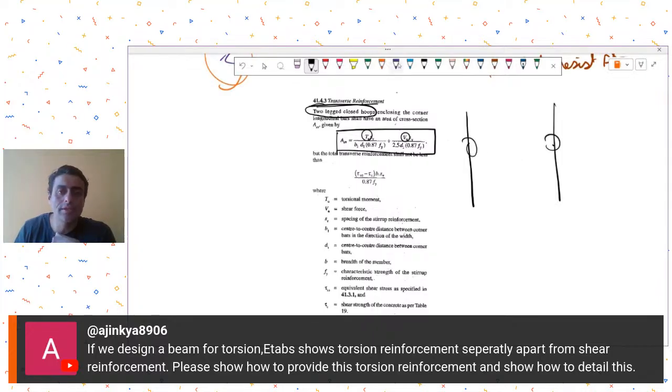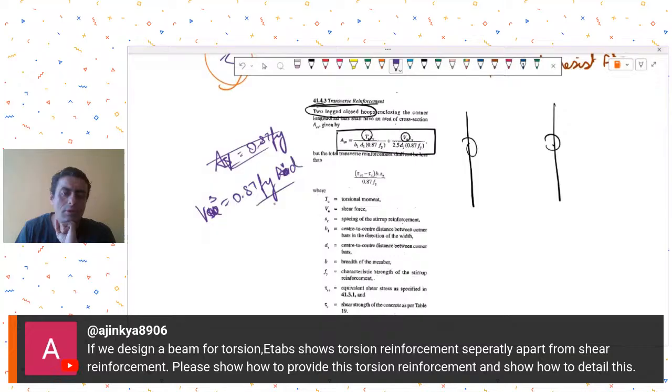Now out of this, let's say you also have this formula for shear reinforcement, 0.87 Fy. How does the formula look like? Vs is 0.87 Fy Asv, or let's call it Av, d upon Sv.